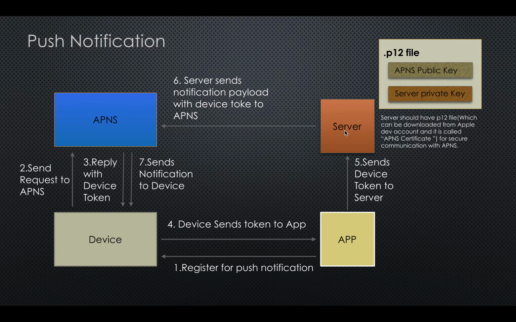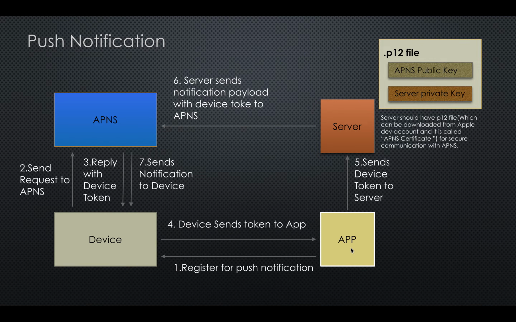Okay. So server sends the notification payload with device token to APNS server, and once the APNS server has the message in payload, it sends the notification to the device. Okay. It's simple but long process, but it's very simple once you understand it.